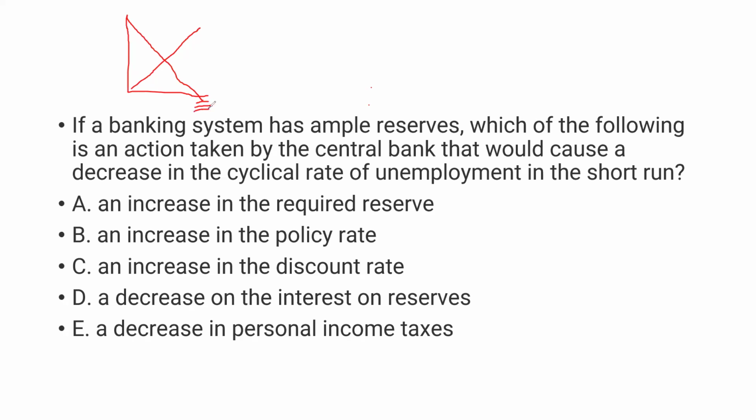If I want cyclical unemployment to decrease, I want employment to increase. I want AD going right. I need something here that will shift AD to the right. Take a minute and we'll come back with an answer.